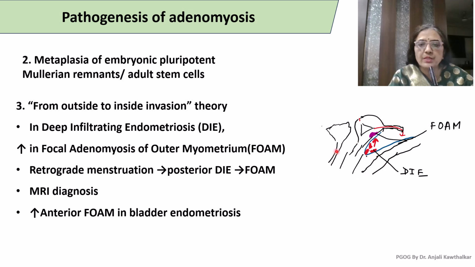Now, what we can see here is the urethra and the bladder. Then this is your cervix and the uterus, and this is bowel, sigmoid colon. And this is the pouch of Douglas. So what is happening here is there is a deep infiltrating endometriosis, so that there is a nodularity in the pouch of Douglas.